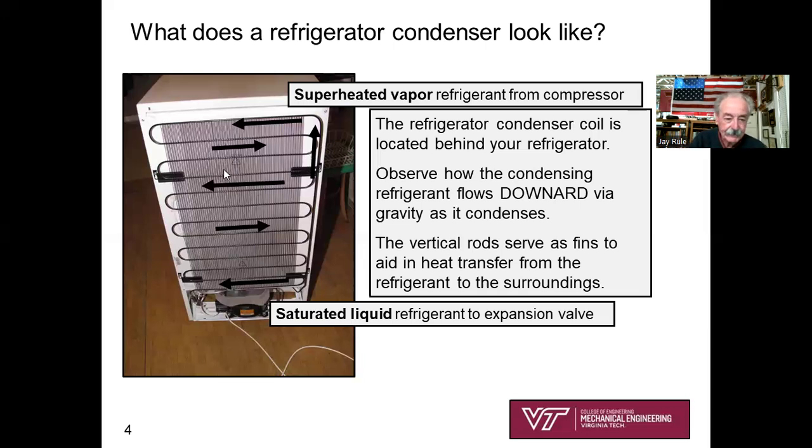So these wires would be considered heat transfer fins. Let me refresh my memory on my textbook here. It says, observe how the condensing refrigerant flows downwards by gravity. That makes good sense. Vertical rods serve as fins to enhance the heat transfer. Okay, so it's pretty easy to observe what the condenser looks like on the back of your fridge.